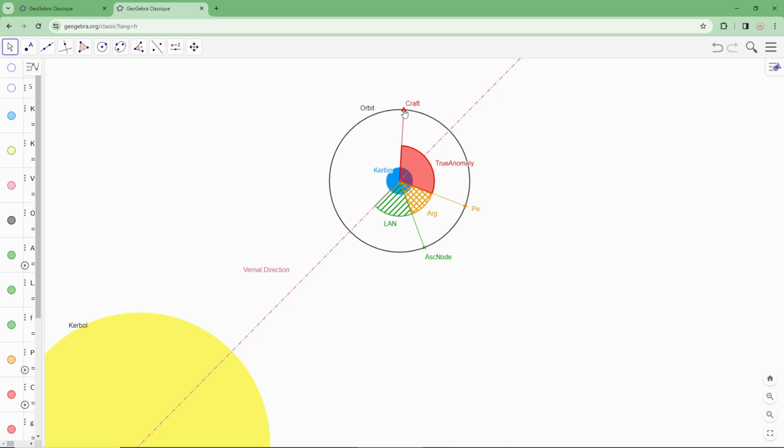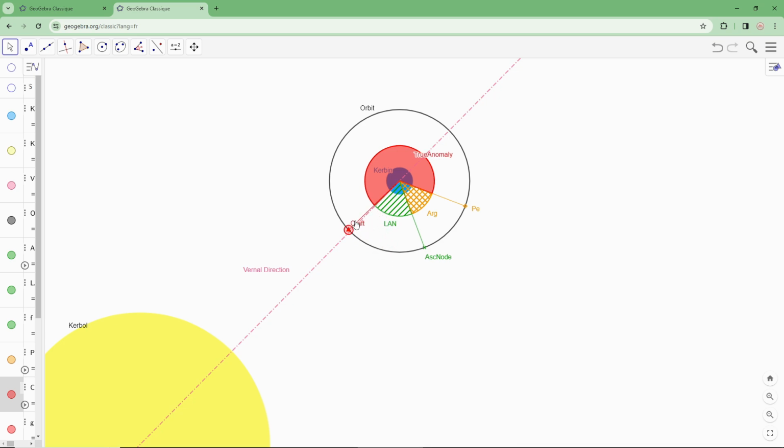Okay, and that angle can be above 360 degrees if you add the three angles together. So if this is the case, you just have to subtract 360 degrees to get your angle here.